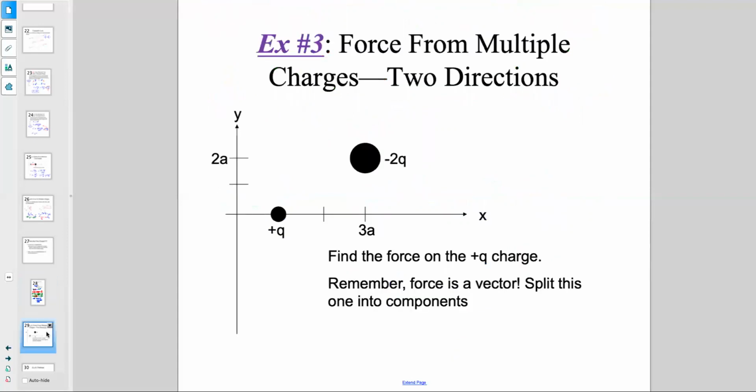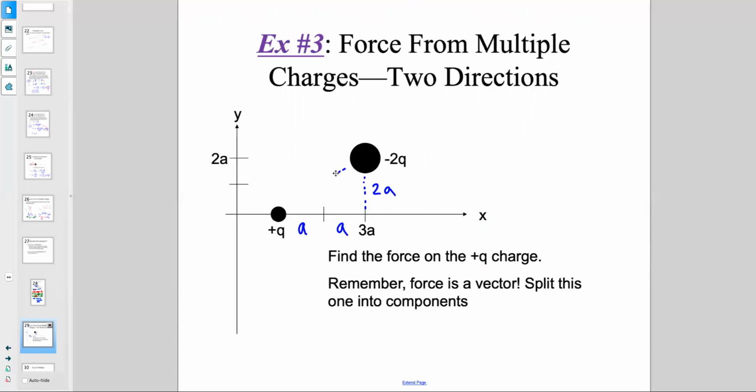So let's say that they are not lined up in one line, and you have them like that. Find the force on the charge positive Q. Remember, force is a vector, so split it into components. In this case, you don't have to split into components, but in our next example, you have to. So here you have 2A, so you have an A here and an A here. That's a distance. And then you have 2A here as well.